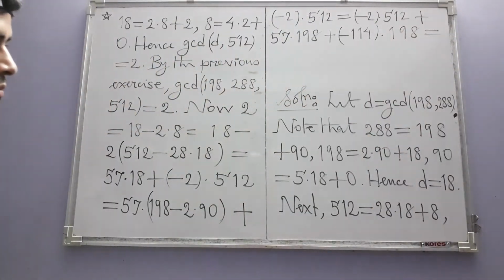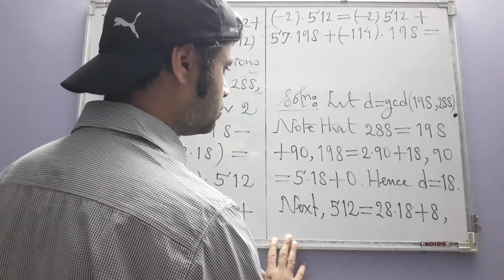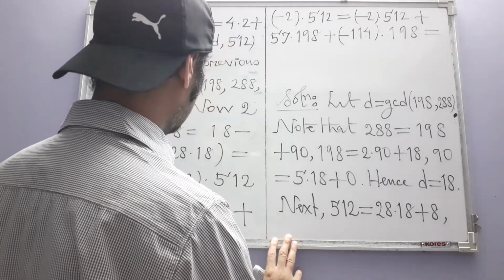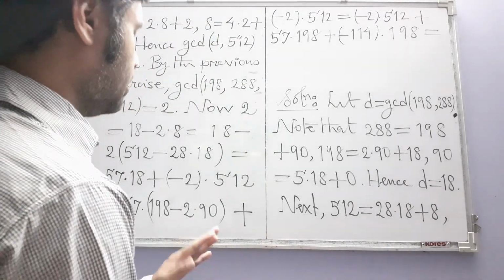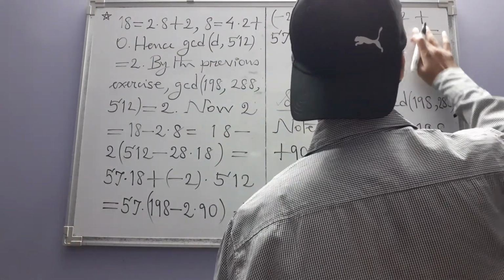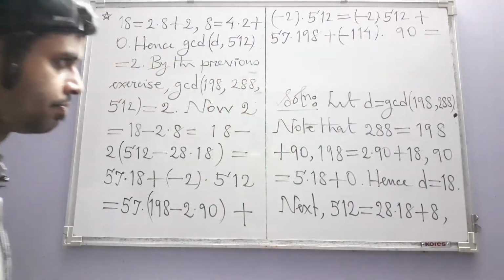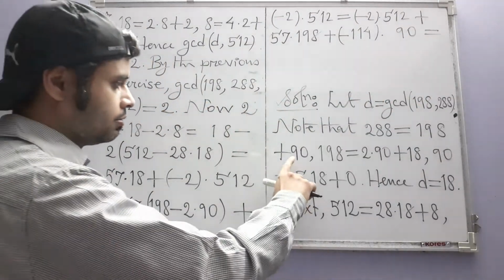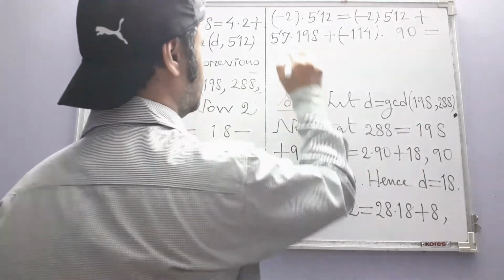Okay, and finally, no, okay, what the hell? This is not 198, this is 90. Yeah, now we can write in place of 90, 288 minus 198.